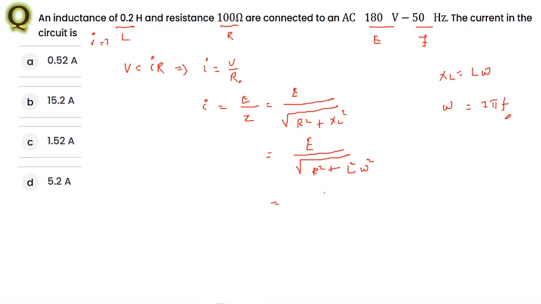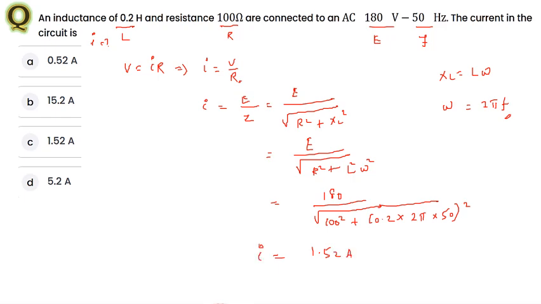E is 180 volt divided by the square root of R square, where the R value is 100, so 100 square, plus L square omega square: L is 0.2 into omega, which is 2 pi into the frequency 50, whole square. Now simplify this equation, and the answer is 1.52 ampere.